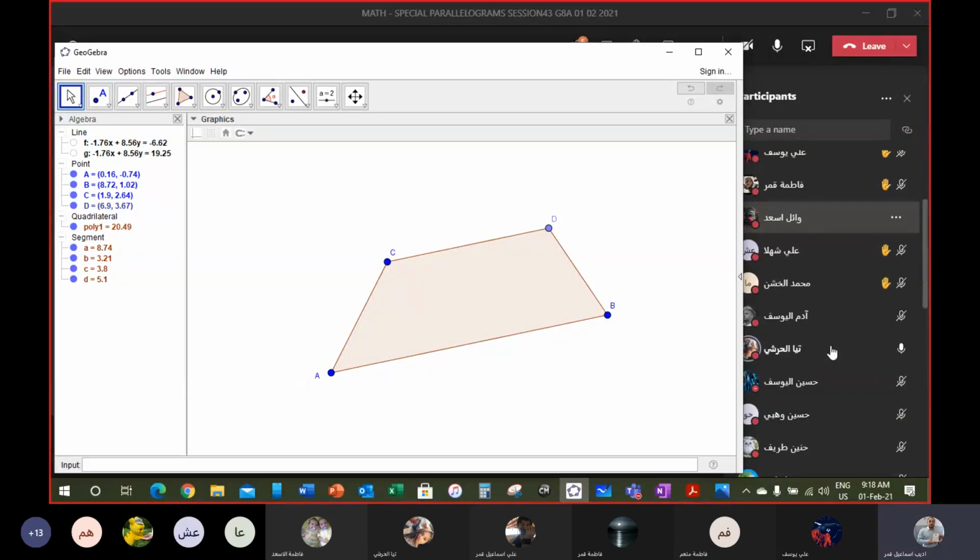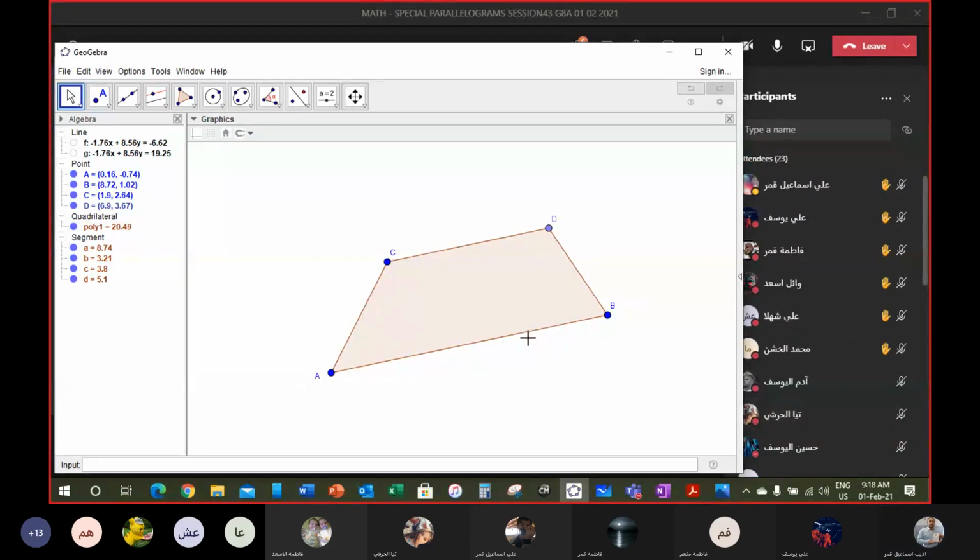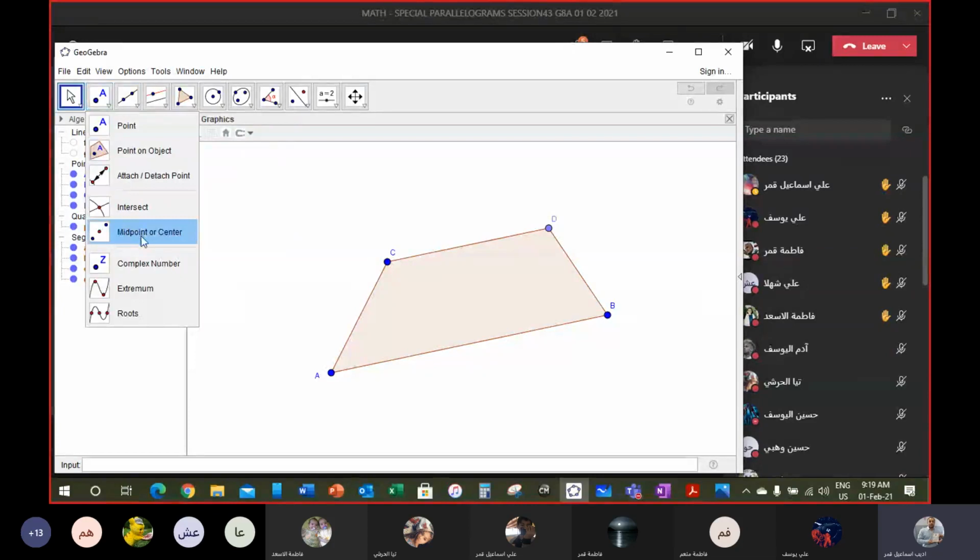Look at the figure on GeoGebra. After we drew, there is a new idea. So the non-parallel sides are AC and BD. The bases are CD and AB and the legs are AC and BD. Now we take the midpoints of the non-parallel sides.